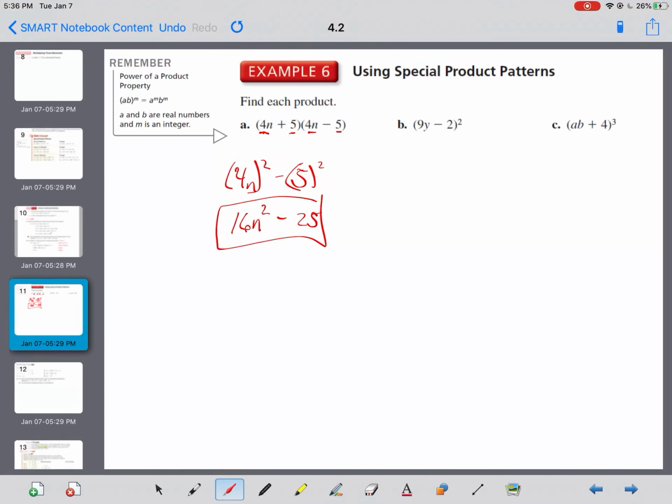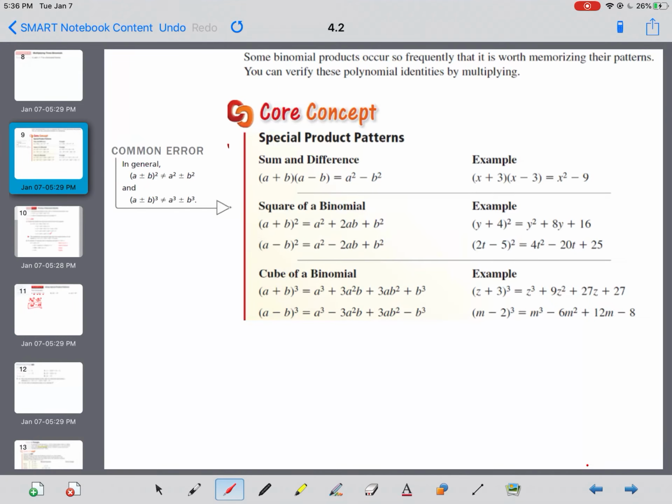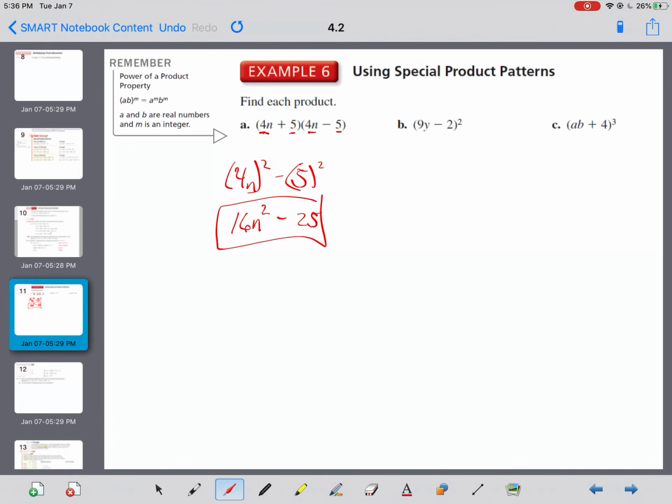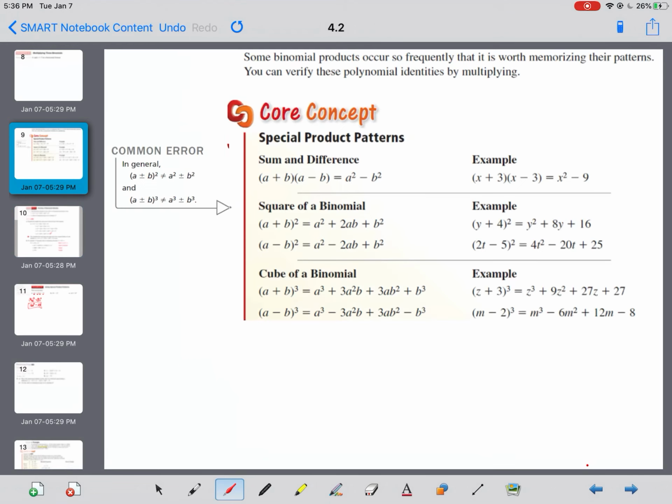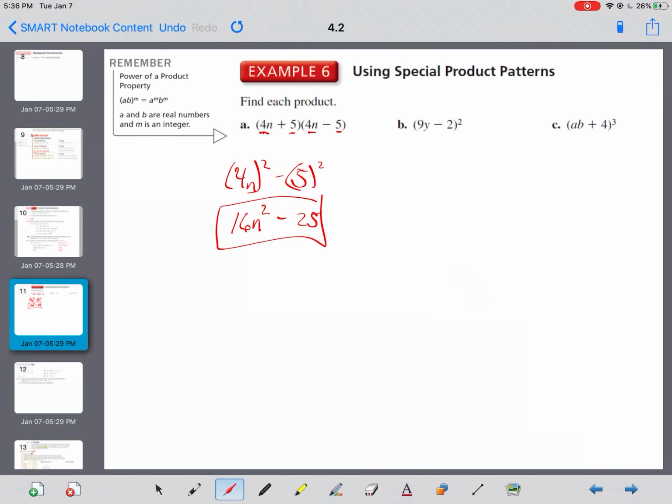This one we're doing a binomial times itself. Let's go back and look at the pattern. Binomial times itself, the one with a minus in between, right? Yep, minus in between. So it's going to be this guy right here. We're going to square the first thing, multiply each times each other and double it, and then square the last thing.